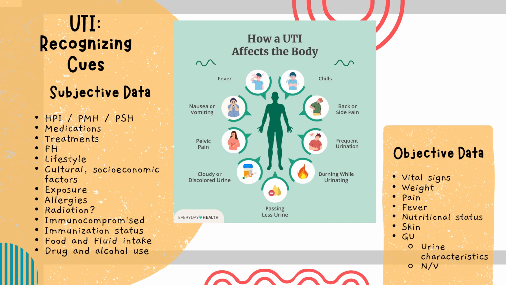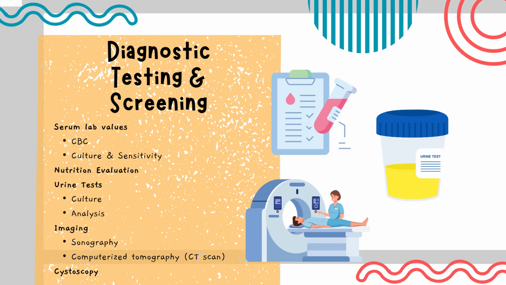Allergens, radiation, immunocompromised individuals sometimes are at an increased risk of UTI because their body cannot fight off any pathogens. What are their immunizations? What's their food and fluid look like? Are they more dehydrated? What's their drug and alcohol utilization as well? So just getting that good overall picture with your subjective and objective.